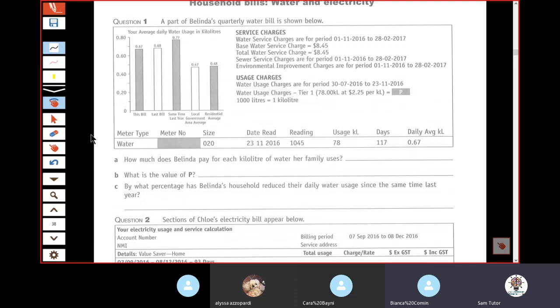Is this all on a bill, like these sections, or is it on like another paper? Say that again. All this information is on one bill. Yep. That's correct.